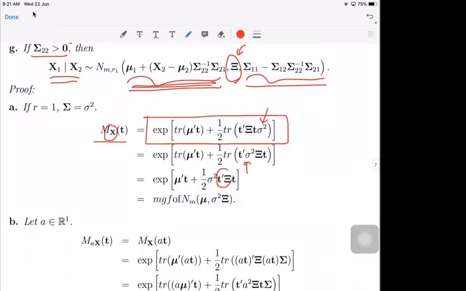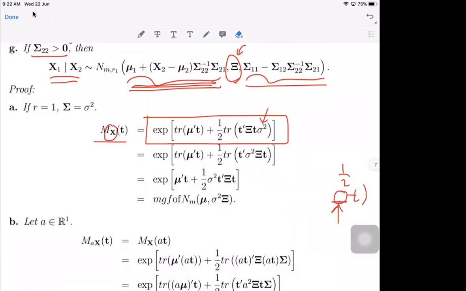In this form, it is equal to the trace of mu prime t plus 1/2 the trace of t prime sigma squared psi t. So it has a mean mu and sigma squared psi.